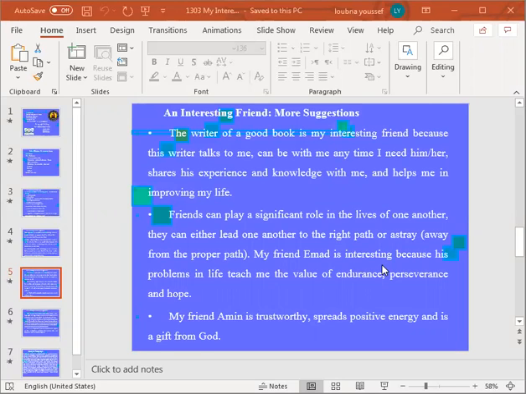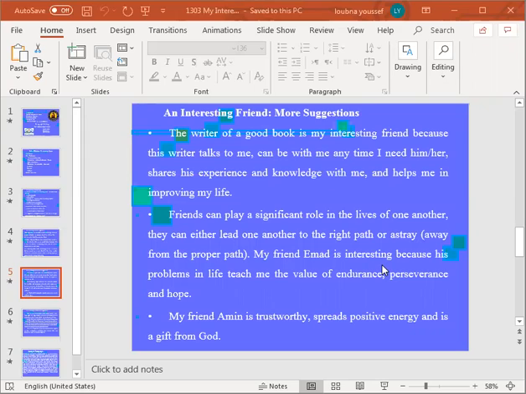Number one, Amin is trustworthy, meaning he does not lie, he does not give me bad advice, he supports me when I need him. All right, he spreads positive energy, meaning he is hopeful, he is one with a good spirit, he is not angry and he doesn't shout and he's not rude.